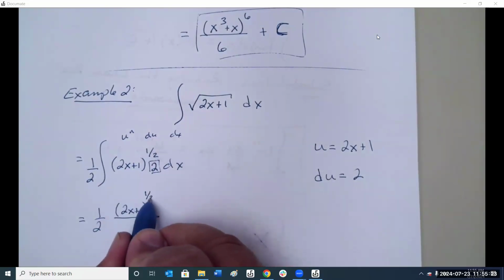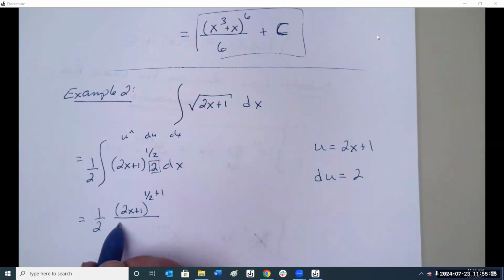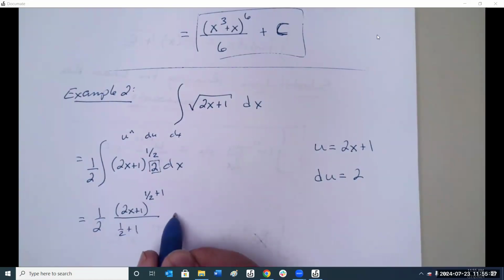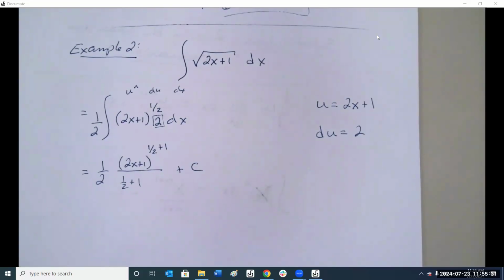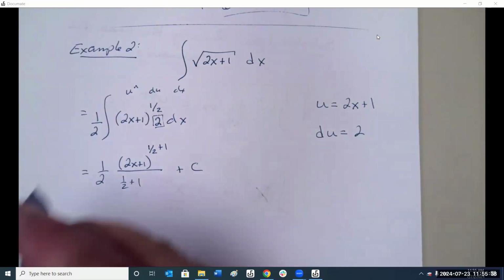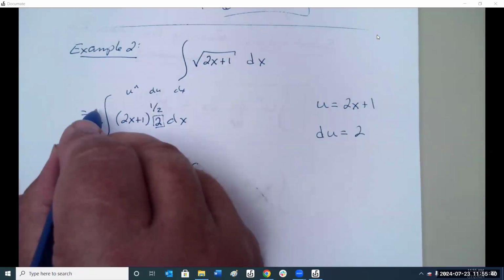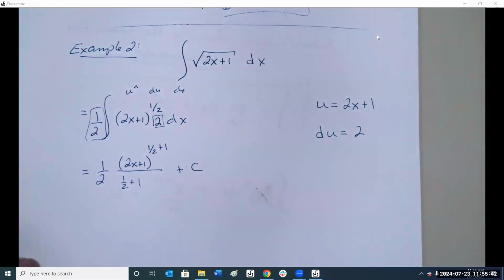So it's u to the 1/2 plus 1, over 1/2 plus 1, plus c. The reciprocal goes out in front, and that just stays there.